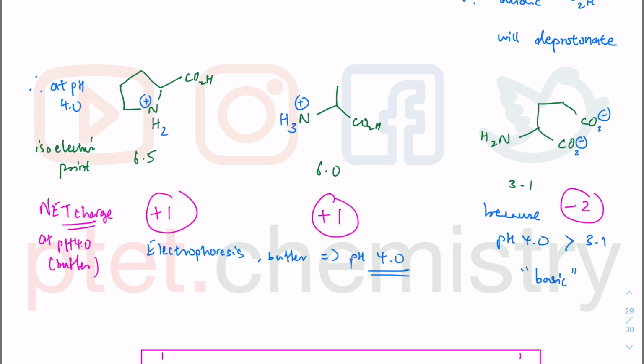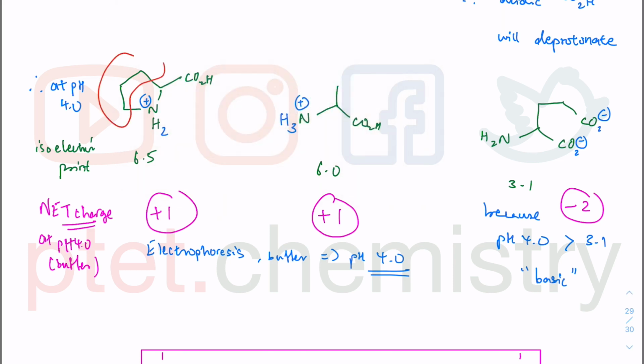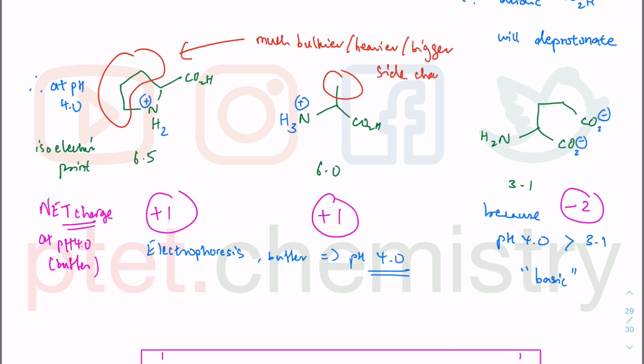But as you could see, this is quite a simple side chain. Well, it's not a simple side chain, whereas this side chain is much bulkier than this. Much bulkier, heavier, bigger side chain. So therefore it travels slower, it travels less.